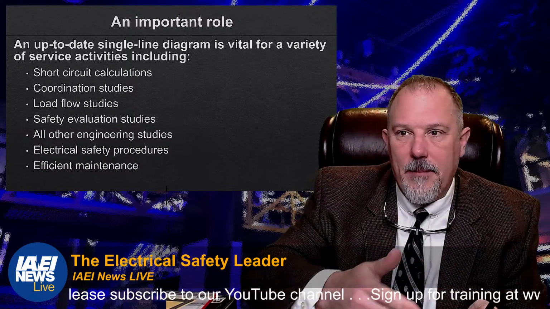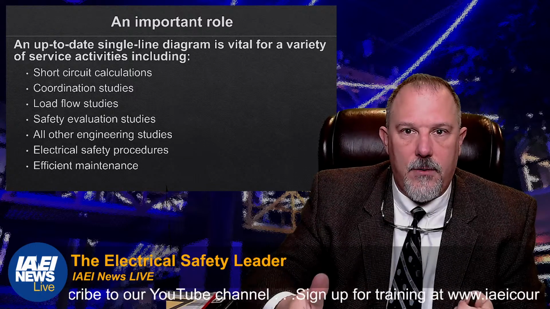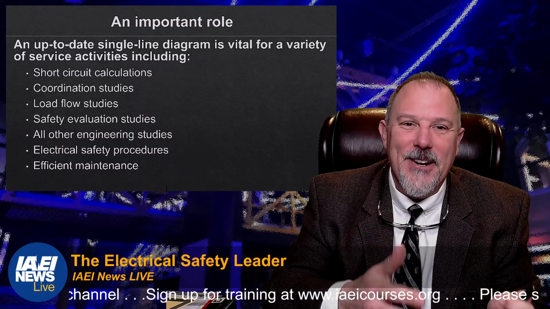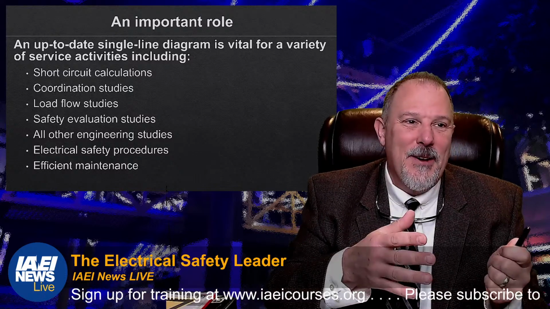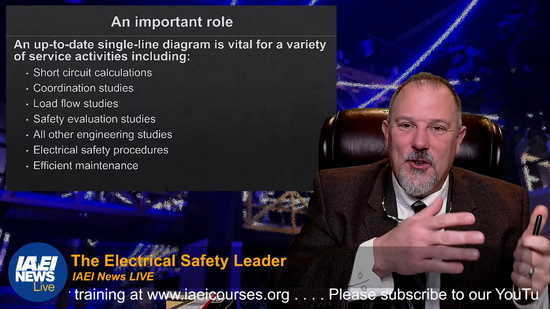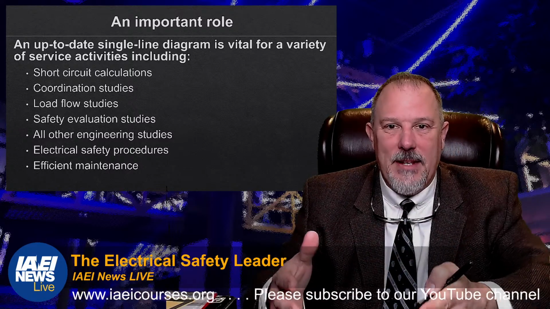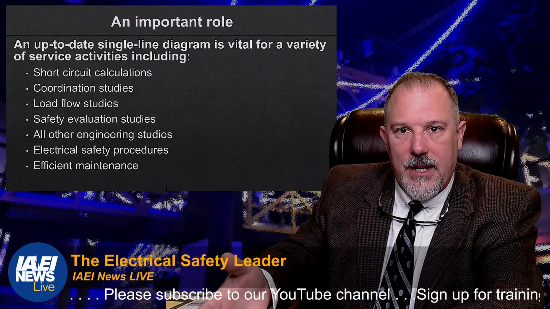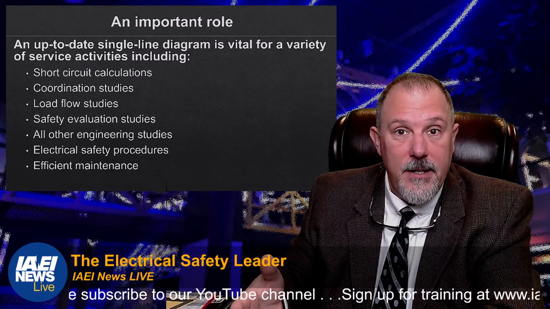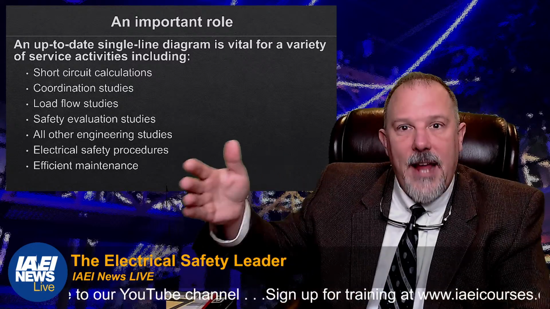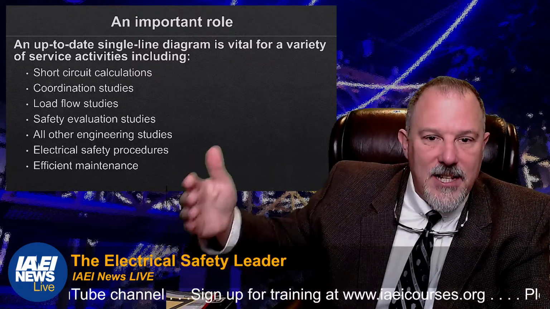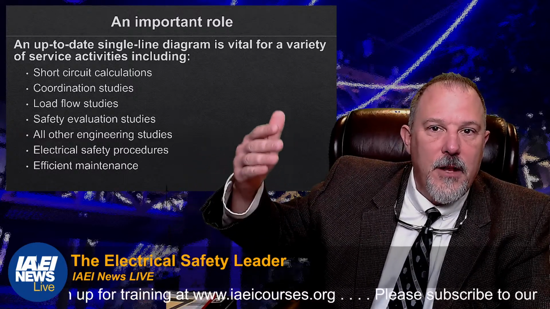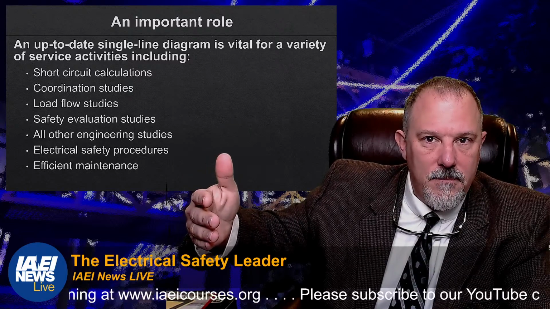And that diagram has to go through a life cycle. It's born probably in a bar or in a restaurant, and then it grows into something that goes out for bids, and then that same document is used during the installation process, and maybe changes are made, and then you should have as-built drawings. And then after the as-built drawings, you should be moving into the longevity of the power distribution system.